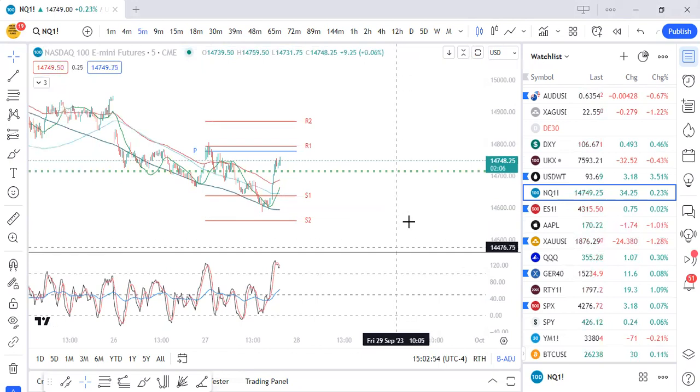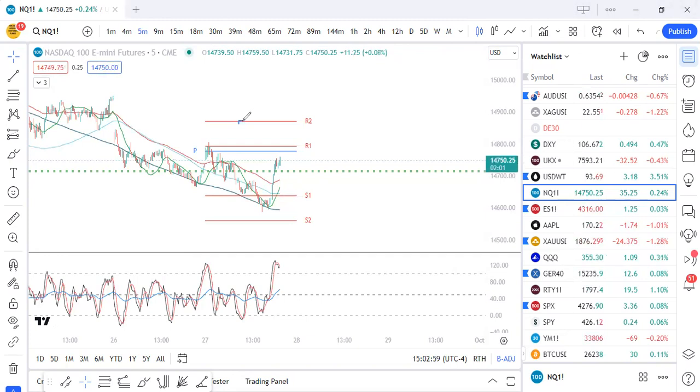What does type 2 mean? The price goes to R2 and then you can short R2 to R1, and if the price goes to S2, you can long S2 to S1. So this setup is also there. I don't play these setups, but I keep an eye on the type 1 setup, which is S1 to R1 and R1 to S1.